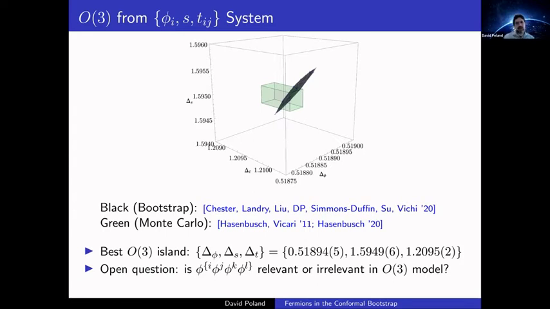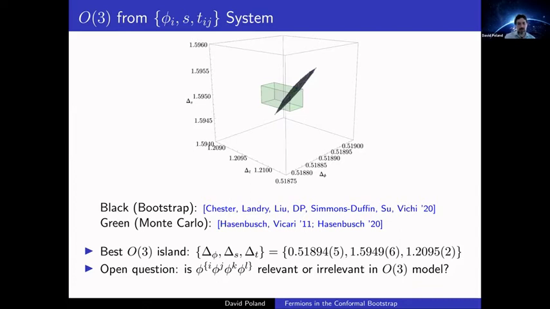One question that we were honing in on in our bootstrap analysis was this: in the O3 model, you can think about the 4-index tensor phi i, phi j, phi k, phi l, where all the indices are symmetrized.